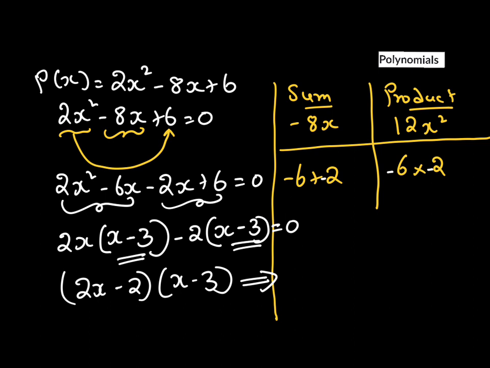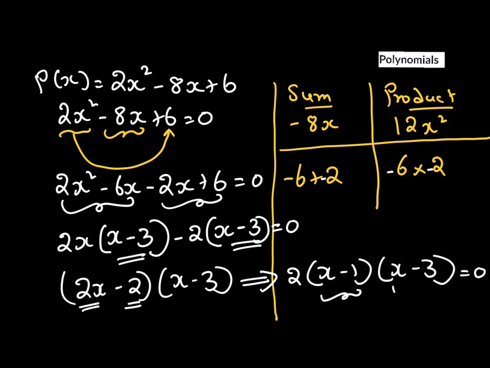Now if you observe over here, 2x and 2, 2 is a common factor, so we can remove that out. So 2 is out, so we are left with x minus 1 times x minus 3 equal to 0. So the factors of this polynomial are x minus 1, x minus 3.